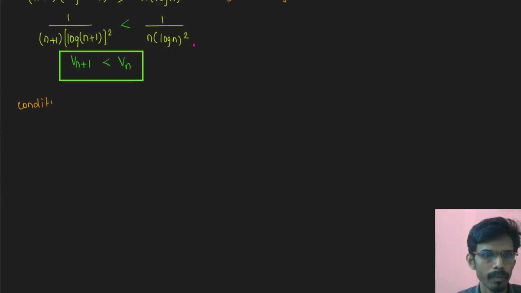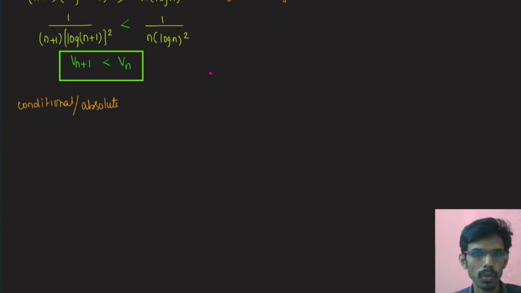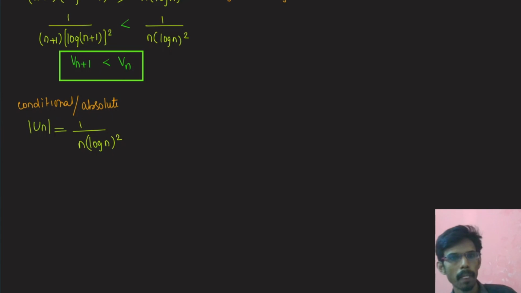Now we go for conditional convergence or absolute convergence. For that we take mod un, removing this minus 1 power of n. So mod un value will be 1 by n log n whole square.